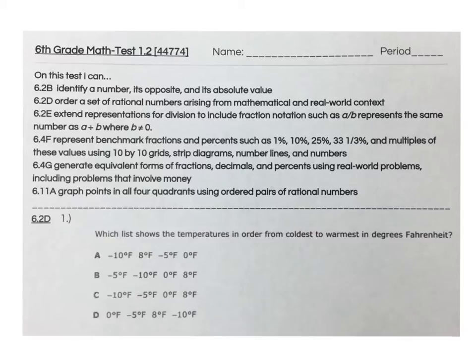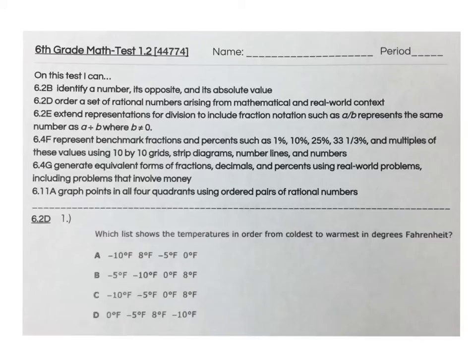So, question number 1 deals with TEK 6.2d. Which list shows the temperatures in order from coldest to warmest in degrees Fahrenheit? A, -10 degrees Fahrenheit, 8 degrees Fahrenheit, -5 degrees Fahrenheit, and 0 degrees Fahrenheit.